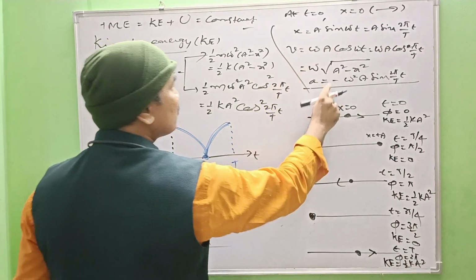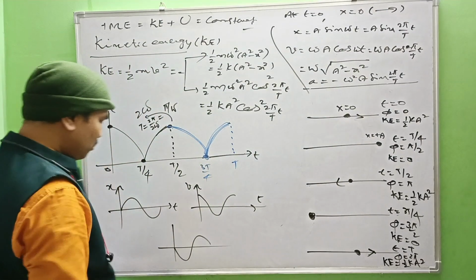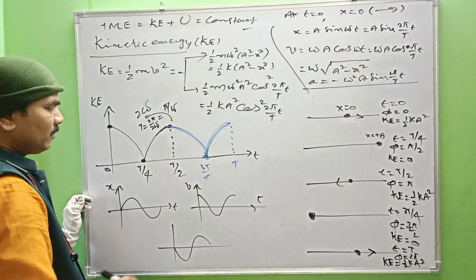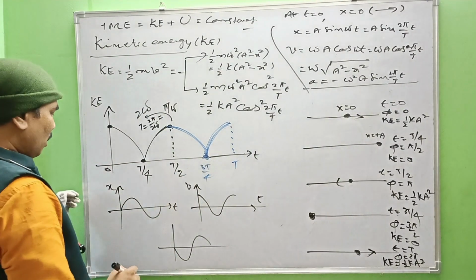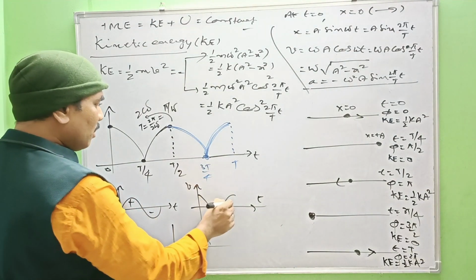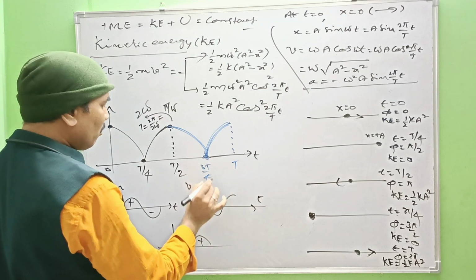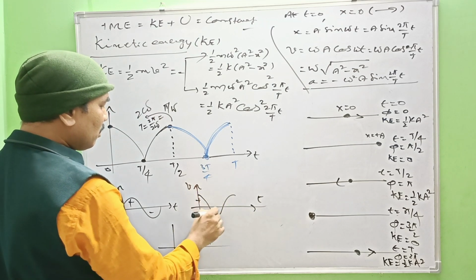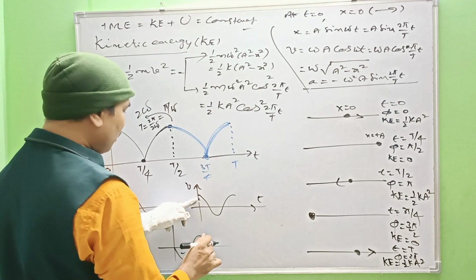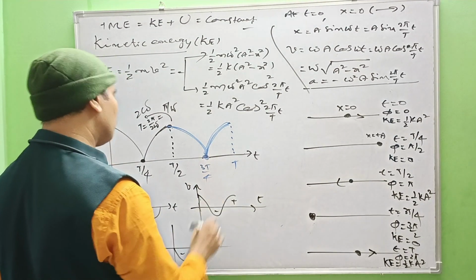See here, there is a negative sign between these two, but here it is a sine function and here also a sine function. So negative sign, positive cosine. Now see, here it is plus, here it is minus, here it is plus, here it is minus.